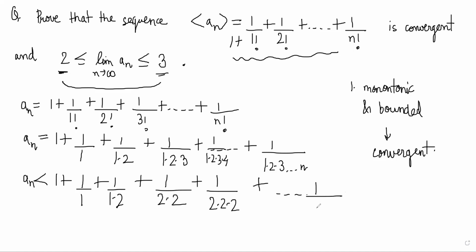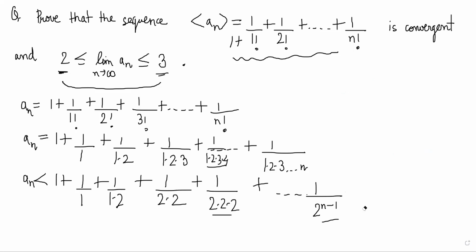Here it will be 2 power n minus 1, because the fourth term has 2 cube, so the nth term will have 2 power n minus 1. So this is a simple GP whose sum you can find. An is less than 1 plus... What is the sum of this GP?